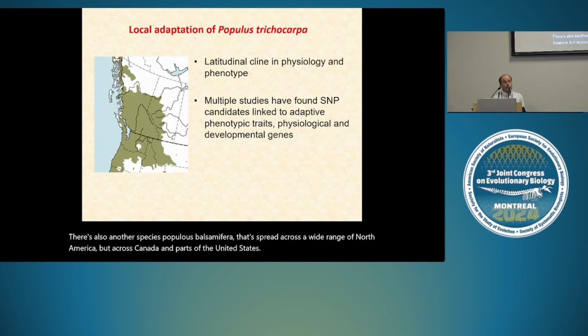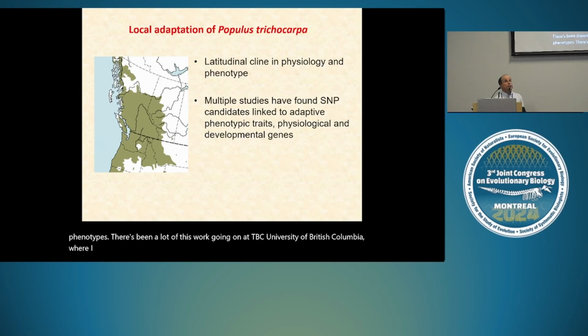There's been previous studies of local adaptation in Populus trichocarpa. For example, there's been shown to be, from other studies, a latitudinal decline in physiology as well as phenotypes. There's been a lot of this work going on at UBC, University of British Columbia, where I am.